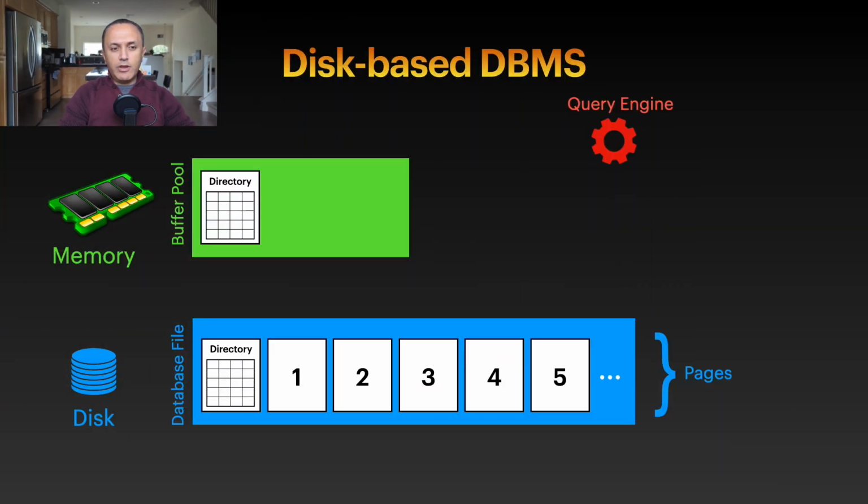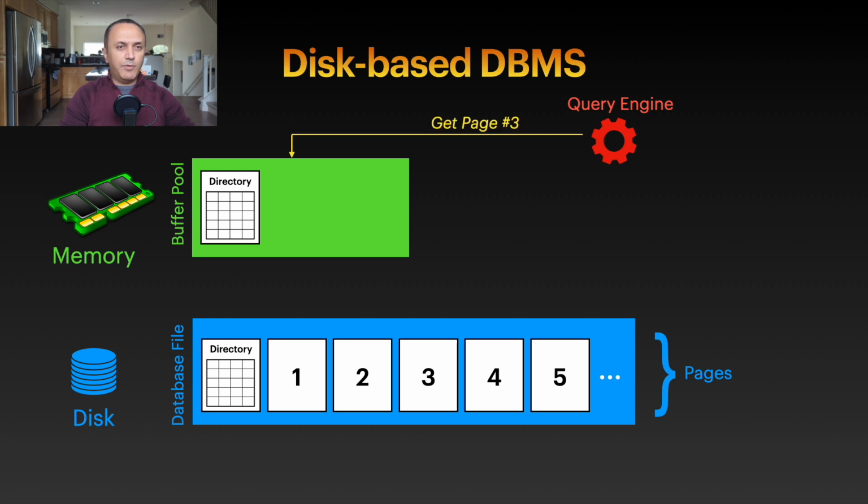So let's see, again at a high level, how the data transfer is managed between memory and disk. Let's say we have our memory here and we have some data on disk. The data, as we said, you usually manage in terms of pages or blocks. Now the query engine is requesting a particular data page.